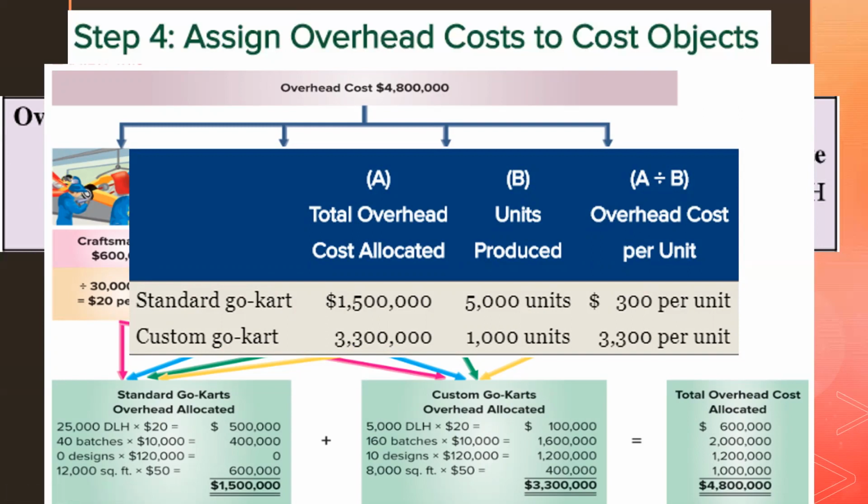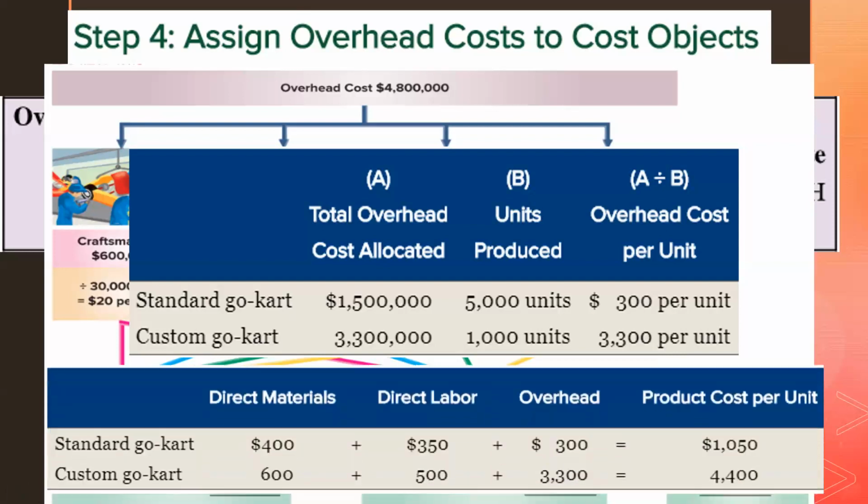Meanwhile, custom go-karts have $3.3 million of overhead costs assigned to them, divided by the 1,000 go-karts they're planning to make. So instead of the $1,200 in overhead costs that we initially wanted to assign, we more accurately need to assign $3,300 per unit. Big difference there.